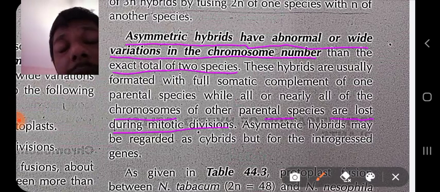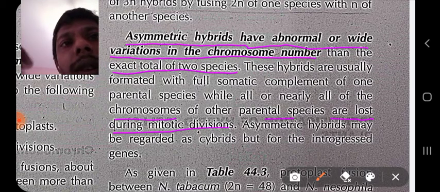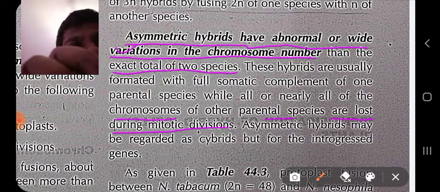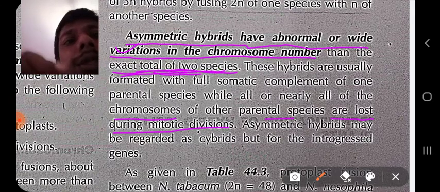Like for instance, I have said about the symmetric hybrids that the number of chromosomes found in species A and the number of chromosomes found in species B join together to form symmetric hybrids. But in asymmetric hybrids there will be variation from the exact total number of chromosomes between the two species.